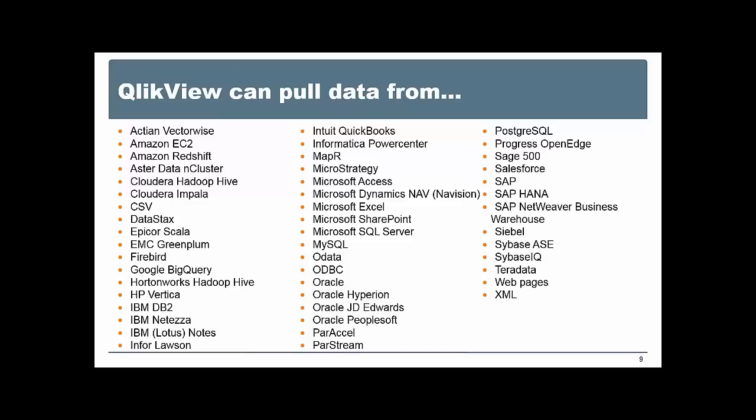Now, if it's not in this list, that doesn't mean that you can't pull data from it. It just means that it didn't make it into my short list, or there may be something you would have to acquire from the developer to create some sort of connector between QlikView and your data store application. But you can tell from this list that the number of disparate data sources is quite large.